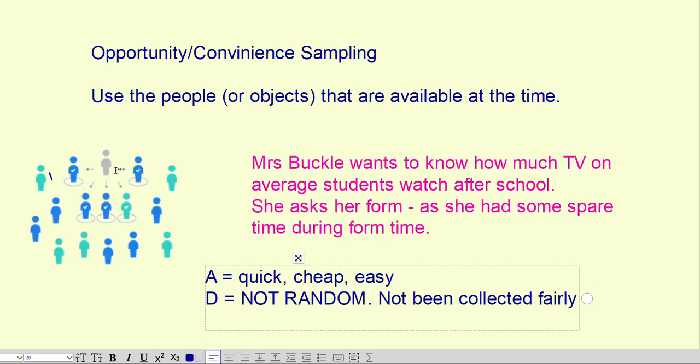And so it doesn't represent the population. How do we know that? We need to be better by saying it may not represent the population. Be really careful, as mark schemes are specific about that. You can't say it doesn't represent the population. Say it may not represent the population.